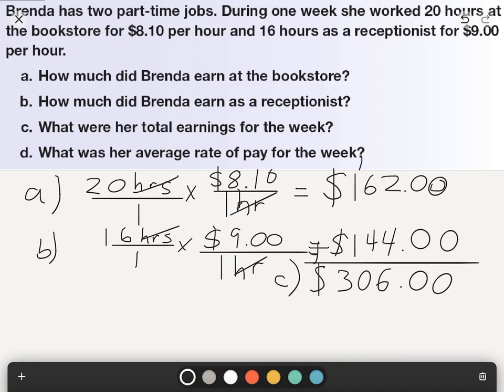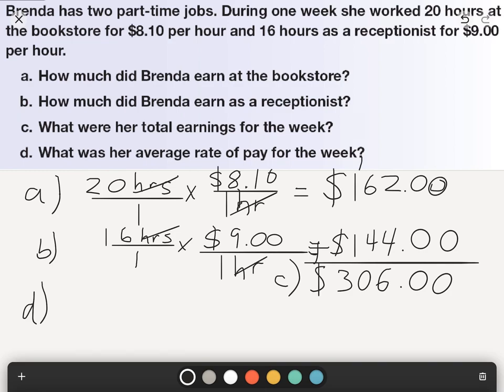But we're not going to go off too much on the unfairness of Brenda's situation. I didn't understand B. Well, this is where it starts to get a little more tricky here. So, what was her average rate of pay for the week? What it's asking is how much did she make per hour?